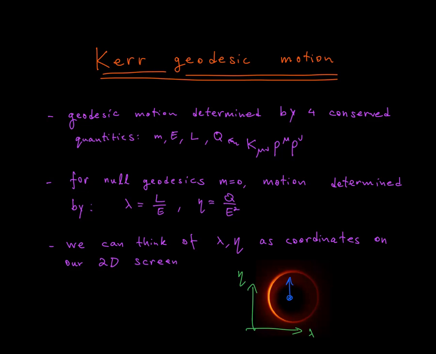So if this is the spin direction, the blue arrow here, then the x-axis is lambda roughly, and the y-axis is eta. So our screen is parameterized by these parameters, which you can call the impact parameters of the null geodesic. Exactly, this definition is the definition of an impact parameter.